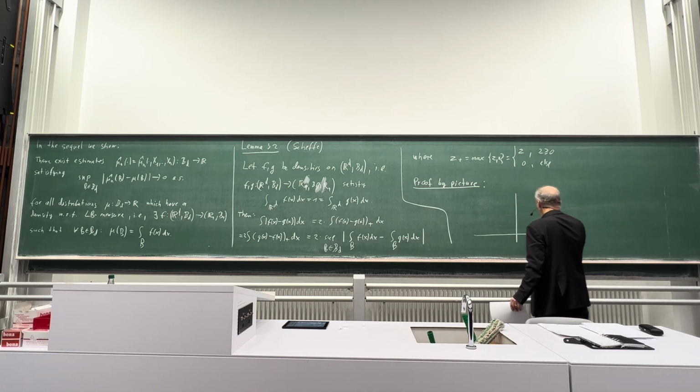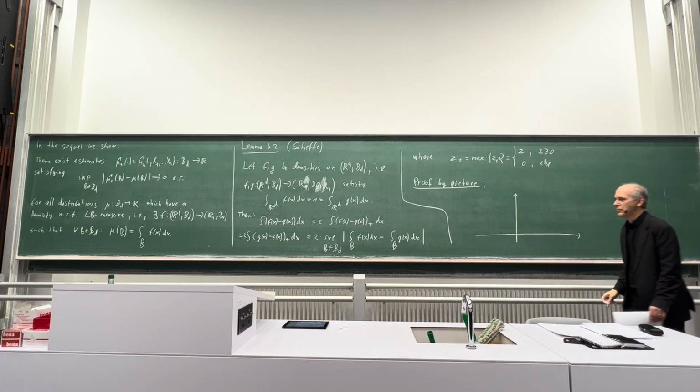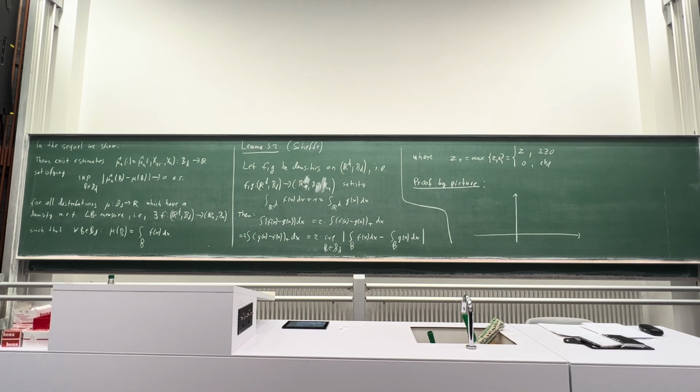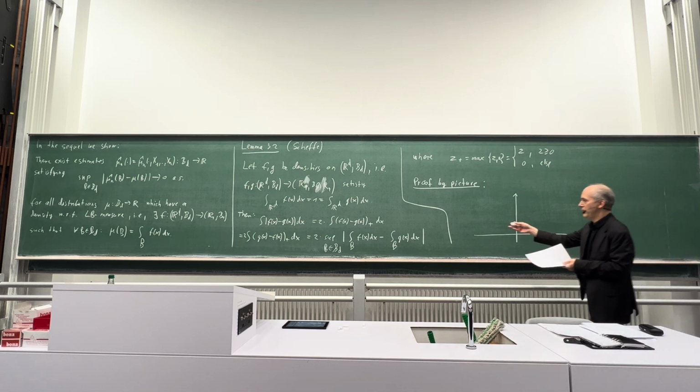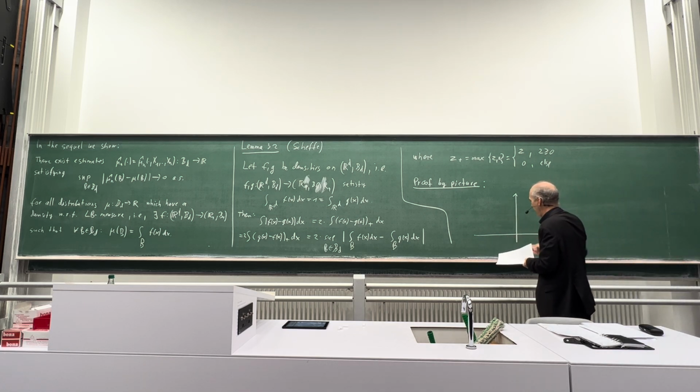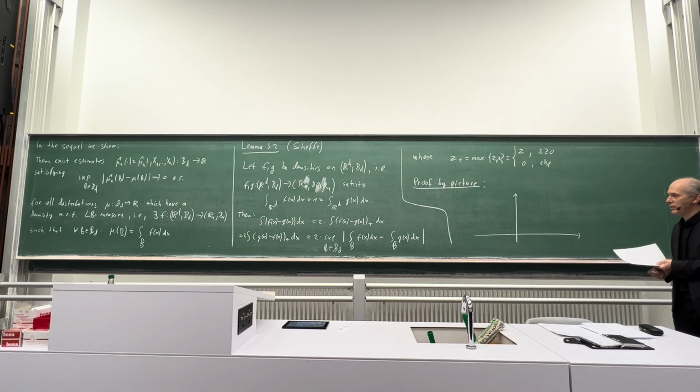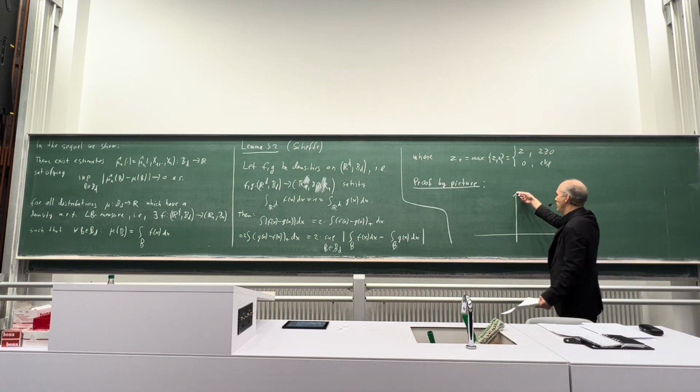So what do we need? We need two densities. And somehow I have to make a picture of a density. And then of course you know it's a function which is greater or equal to 0, and the area between the function and the x-axis must be 1.